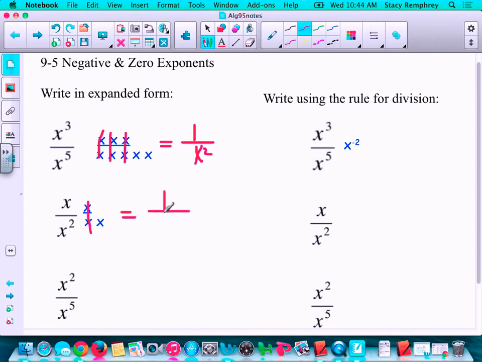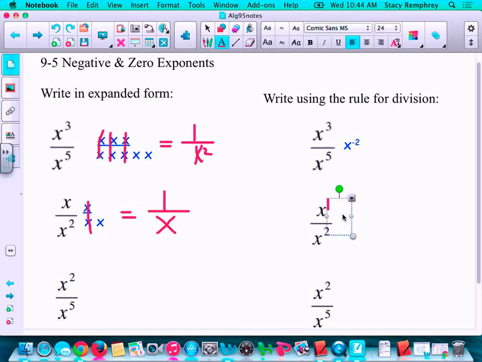So in your answer, you should make sure that x that you have left is on the bottom or in the denominator of the fraction. When I do that over here, remember that this is like x to the 1. So I'm going to subtract the exponents. 1 minus 2 makes this x to the negative 1. So 1 over x and x to the negative 1 are answers to the same problem, and that's what we're going to be looking at.